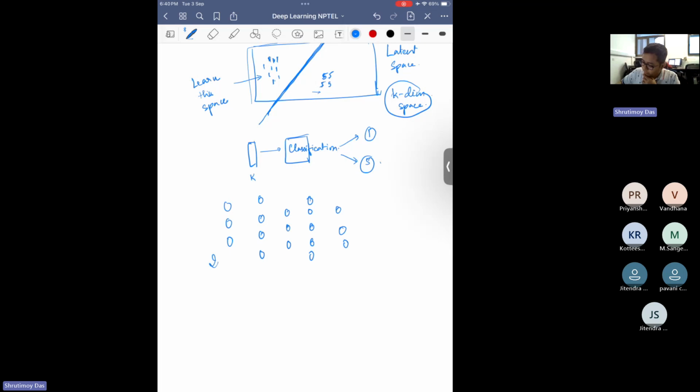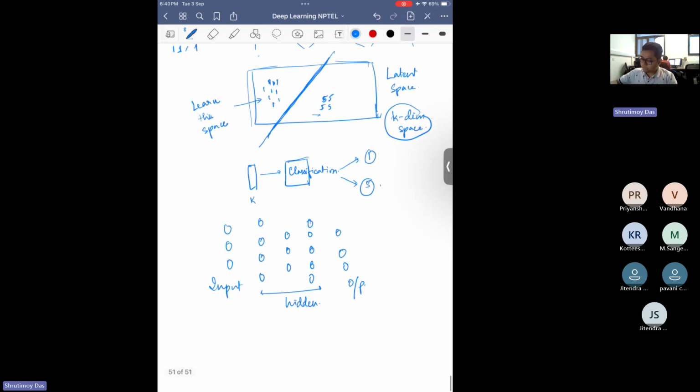So now this is your input, this is your output, and these are your hidden layers. Here the data is three dimensional, here it is 4, 3, 5, 3.